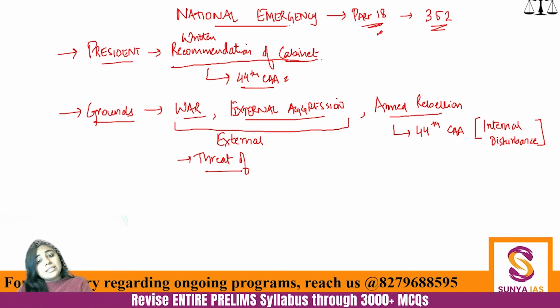Then another thing: emergency can be imposed even if another emergency is already enforced. Please listen very carefully. Even if another emergency is already in force, a new emergency can still be imposed. Look at it through an example.